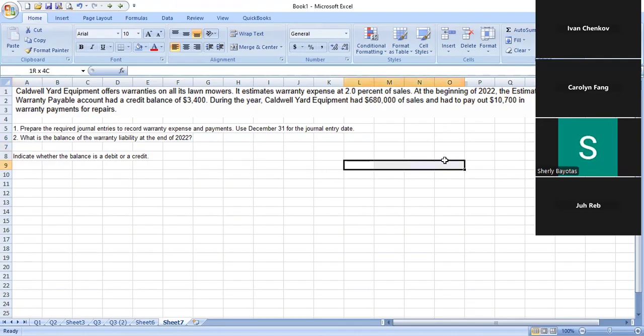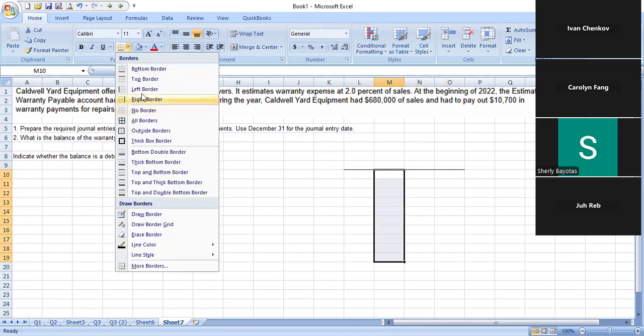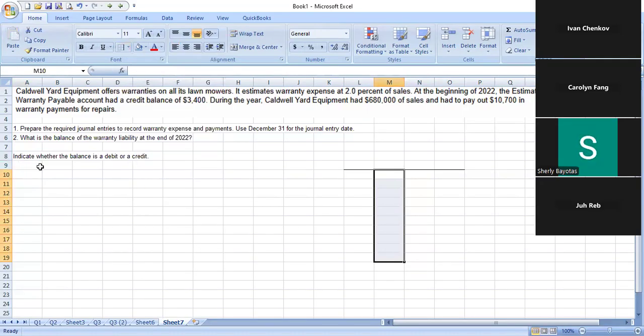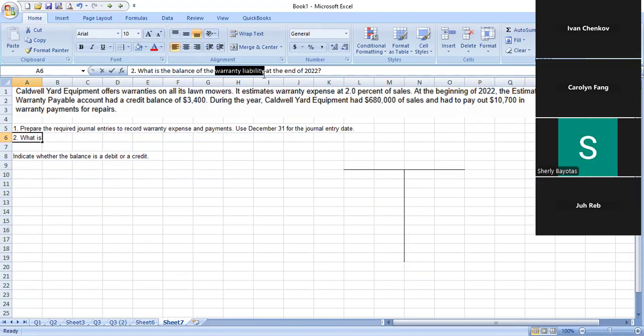So what we have to do before we even start the question, we can prepare this T account here for the warranty. Which account are they asking us about? Warranty liability. So you don't even have to think which account they're asking. You have the name of the account right in the question. So grab this name, put it here, prepare the warranty liability. What kind of account is this? Asset account, liability account, what is it?